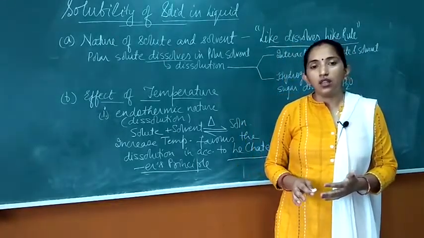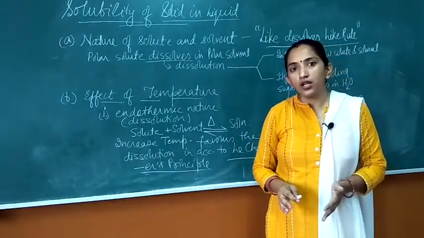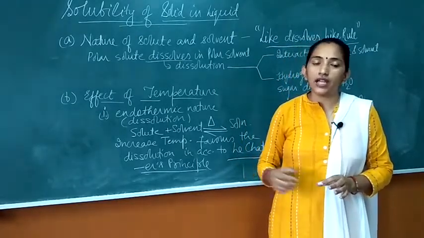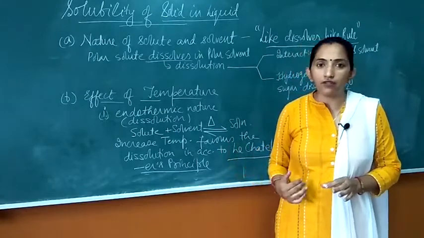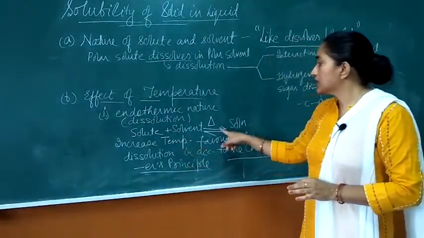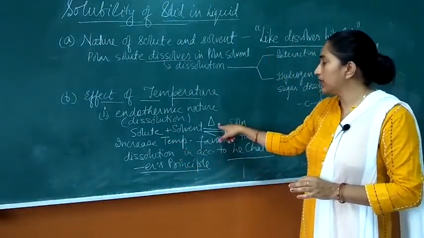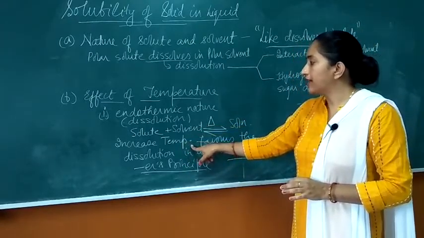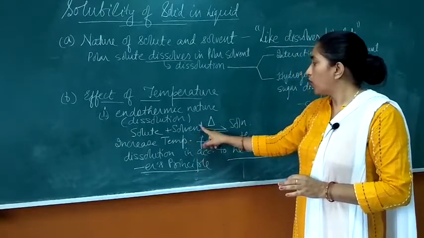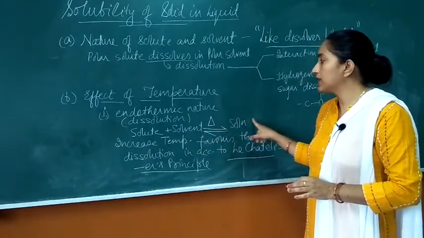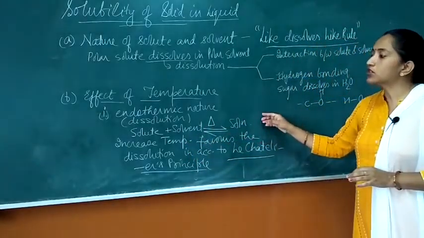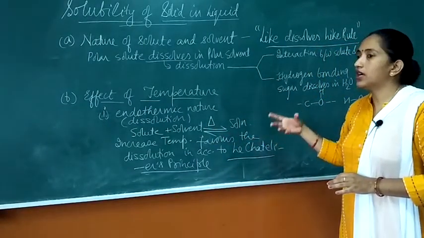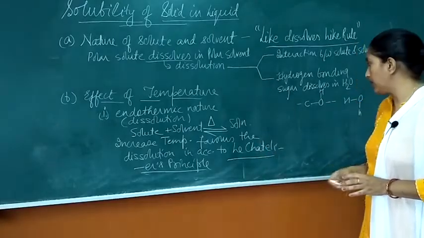To counteract the change brought in, the equilibrium will shift in the required direction, either forward or backward. Since the forward process is endothermic, when we increase the temperature, more of the solute will get dissolved in the solvent so that the extra added heat gets consumed.